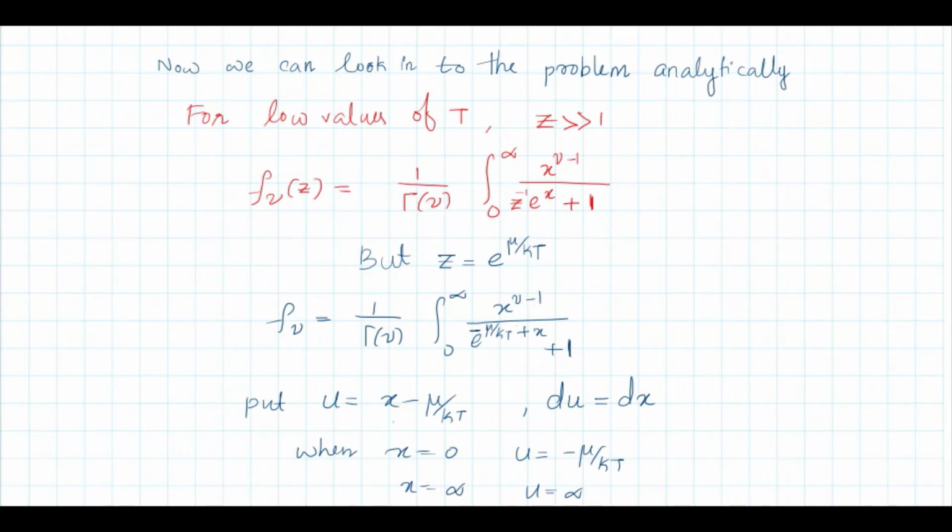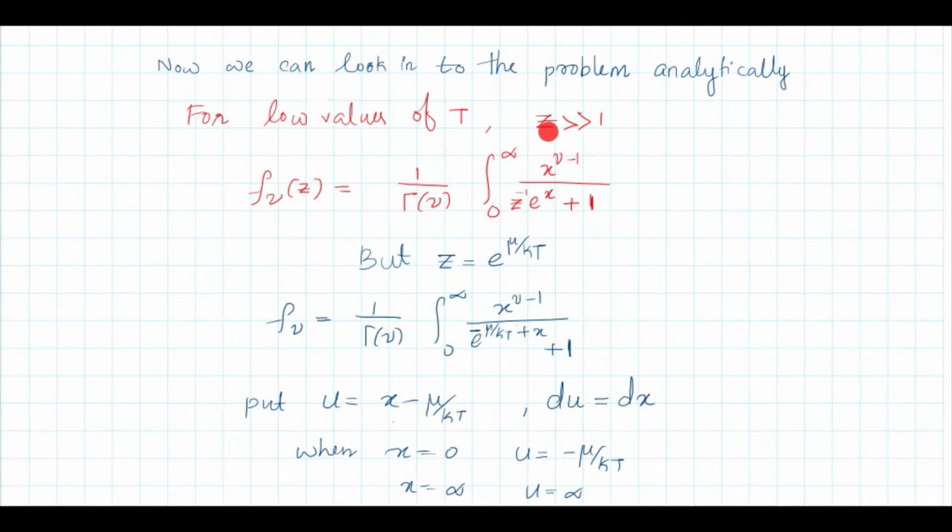Okay, now I am going to derive this expression, that is, the temperature dependence of the specific heat capacity CV. For that, we are considering the low temperature case, that is, Z is much greater than 1.